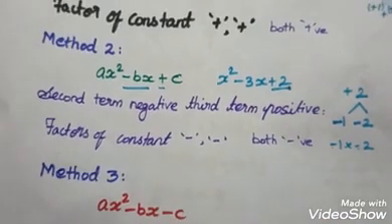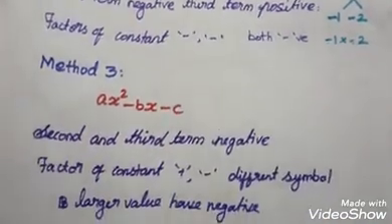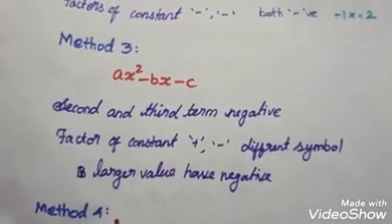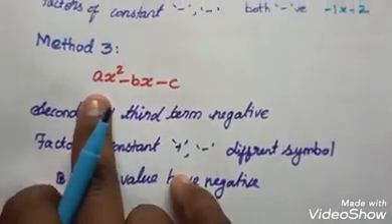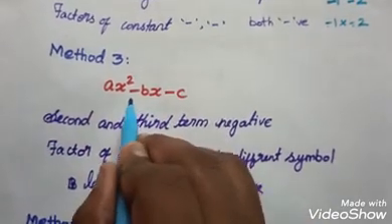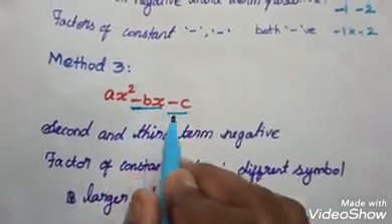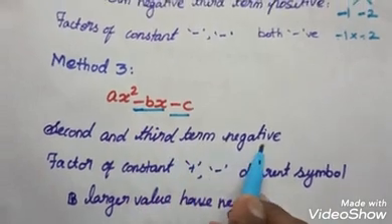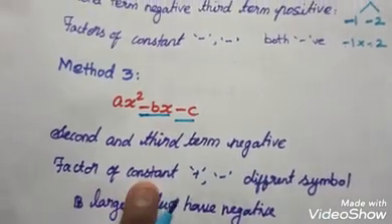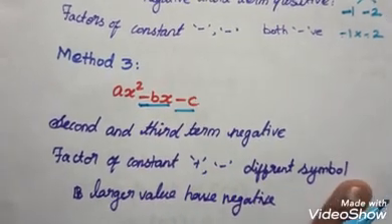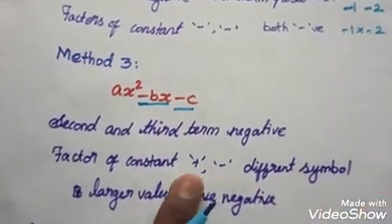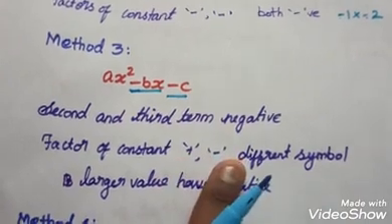Now I explain method 3. Method 3 is somewhat different. Here ax square, the second term and third term both are negative. The factors of the constant have different symbols: one is positive and another one is negative.